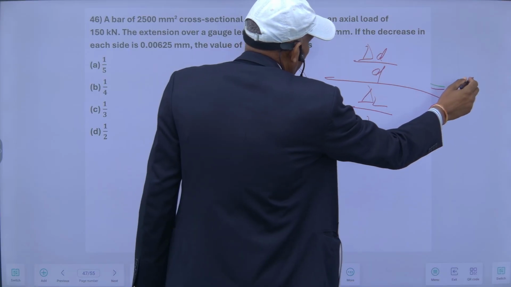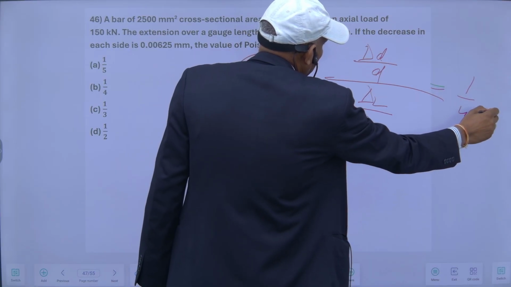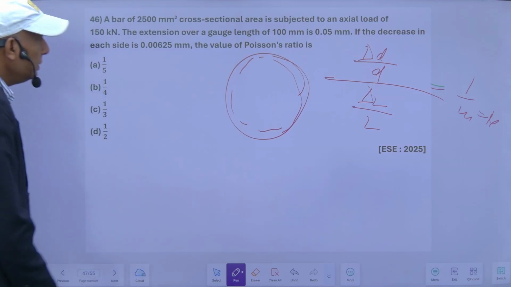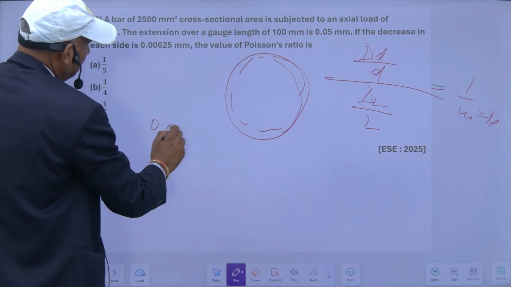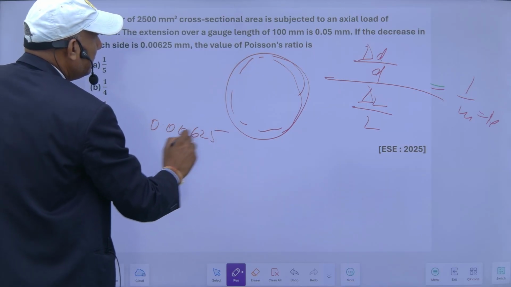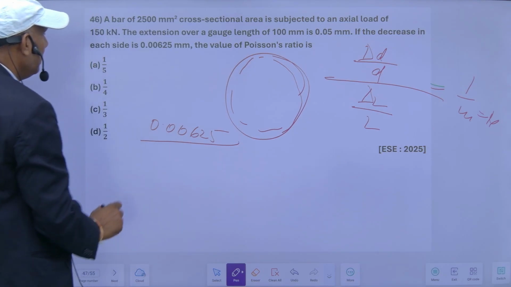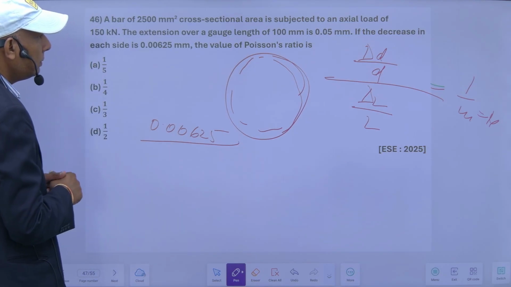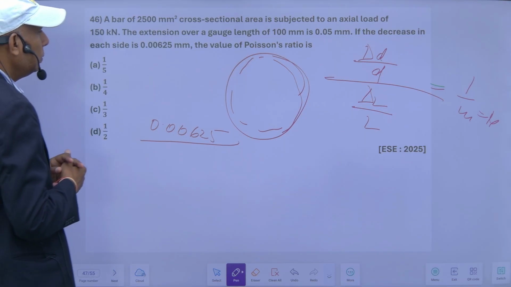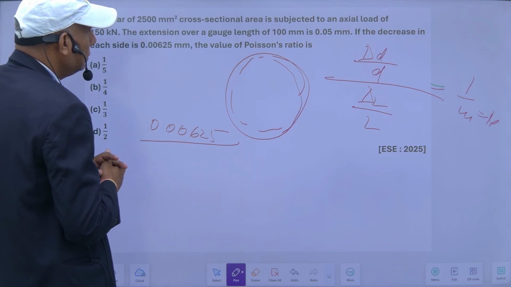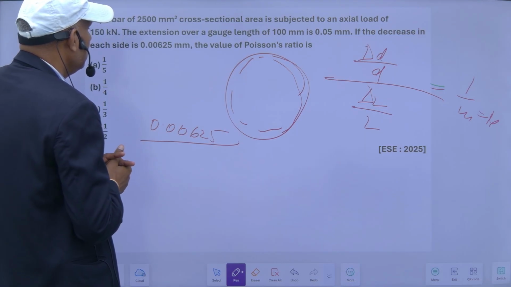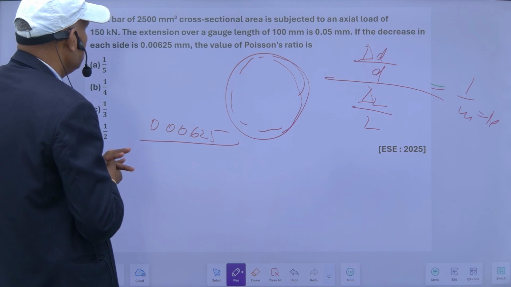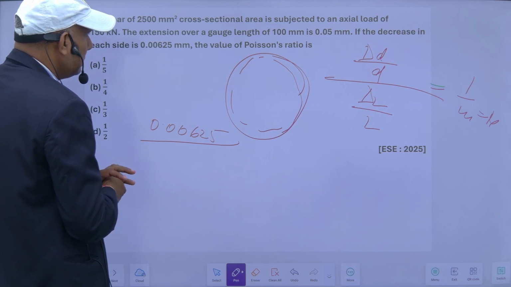So this will give Poisson ratio 1 upon m or mu. So change in dia is equal to this much divided by its original dia.